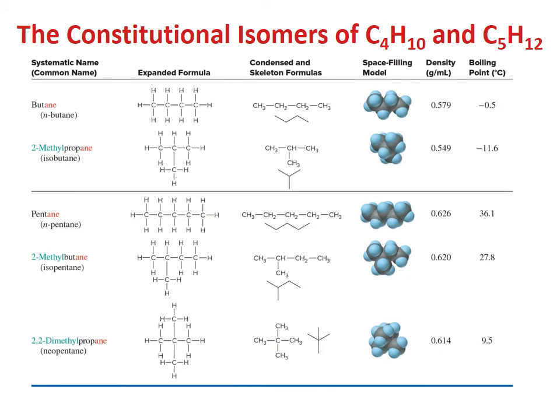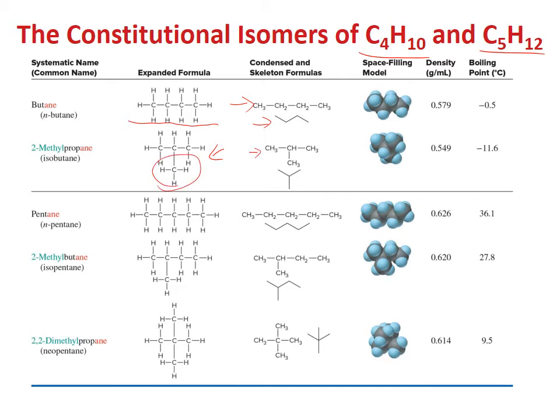Here are the constitutional isomers of butane and pentane. This is the expanded formula of butane, and the condensed formula, and skeleton formula. And this is the isomer with a branch here.